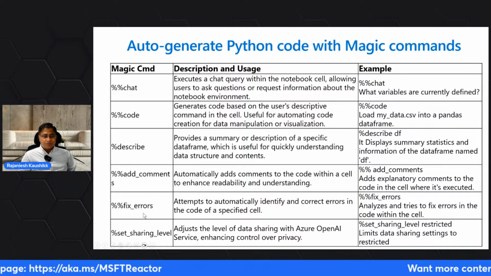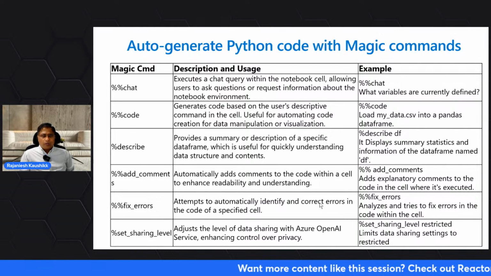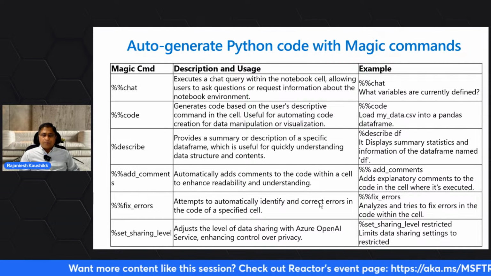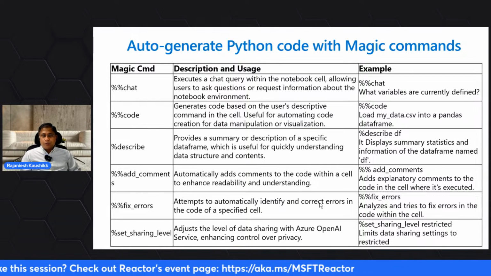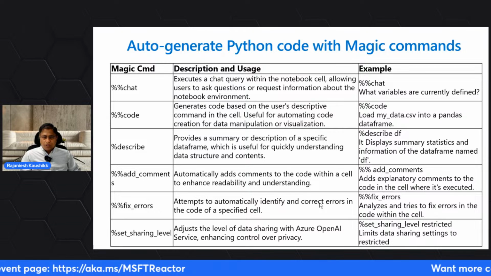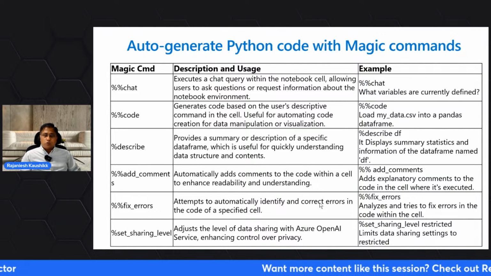So this is a very, very important command: fix errors. Suppose Fabric Copilot generates some code, and there is a caveat to it, right? You cannot be assured that Fabric Copilot will generate 100% right code. There might be chances that the code may not work and it may throw some errors. For that, Microsoft has done a great job.